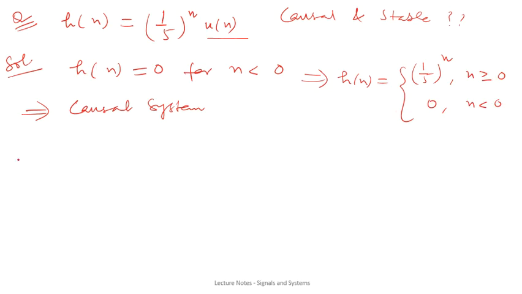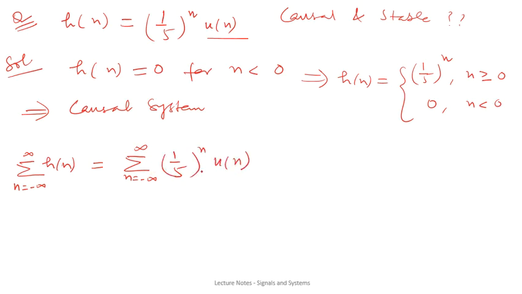Now for stability, here you have to see that this summation should converge, that is the summation of h[n] from minus infinity to infinity. So you just put the value of h[n] which is given to you in the problem.